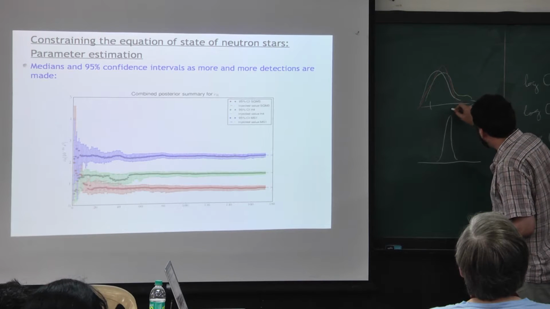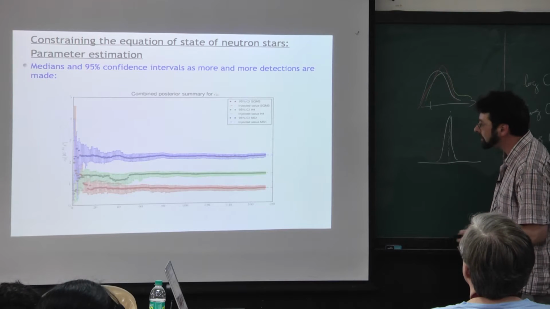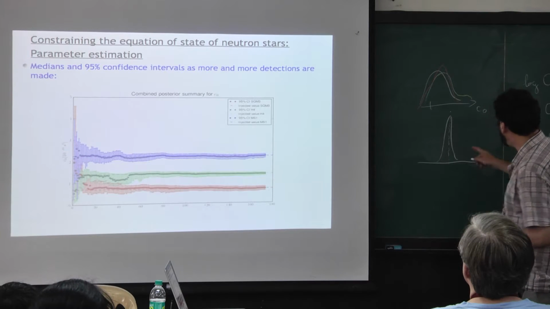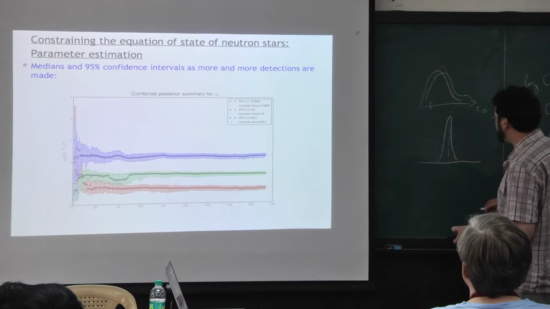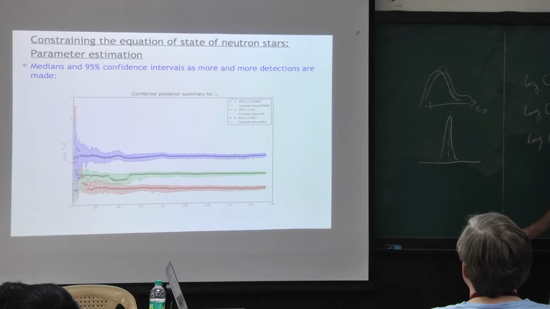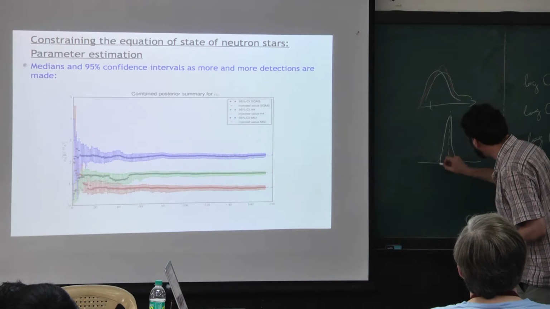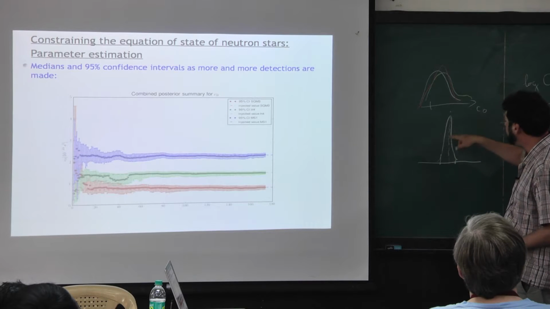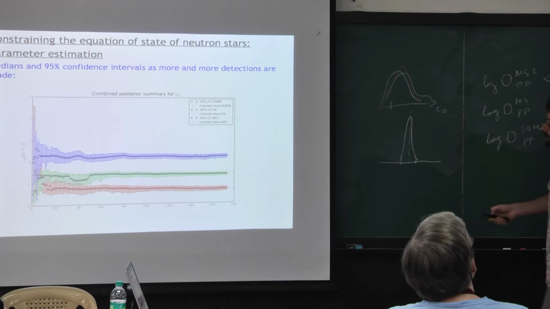But in any case, I can compute a median, and the dots are the medians at a given number of detections made. And then I can consider the so-called 95% confidence interval. So I take an interval that contains 95% of the area under the curve.